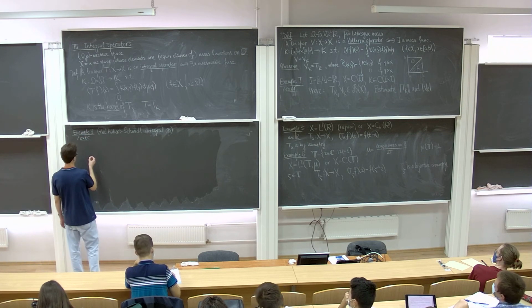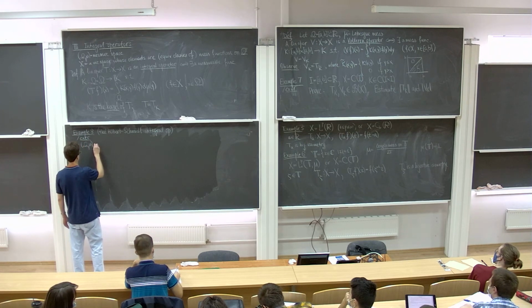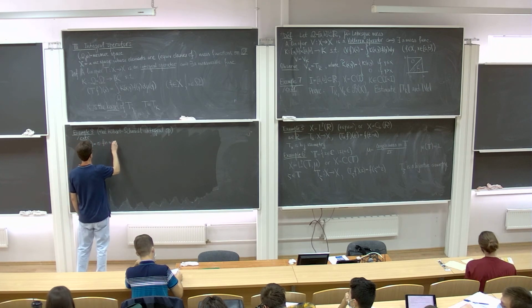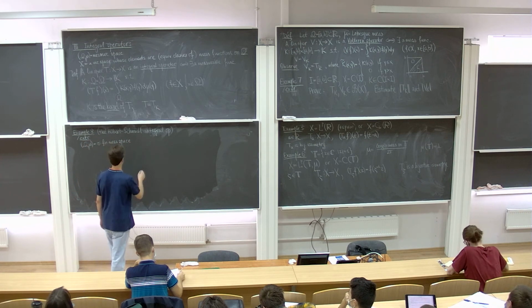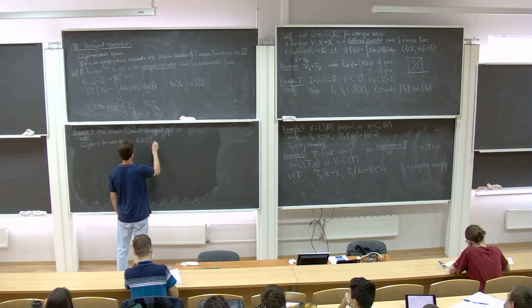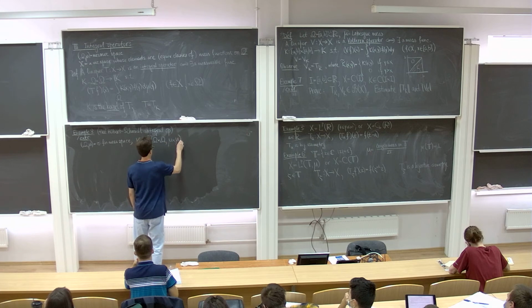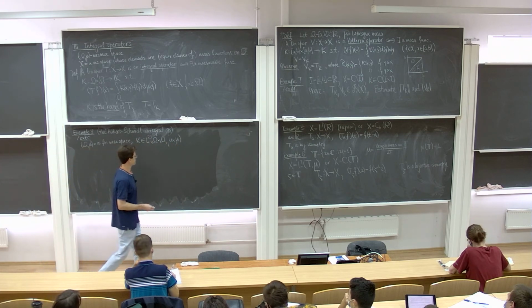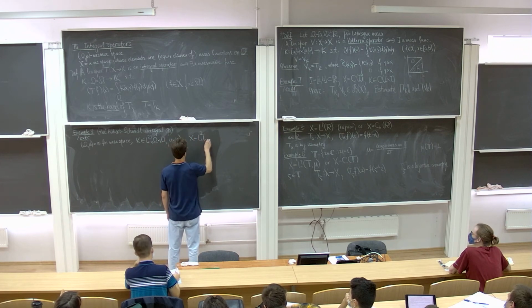So suppose that omega is, for simplicity, a sigma finite measure space, and K is a square integrable function on omega cross omega. And X is the space of square integrable functions on omega.